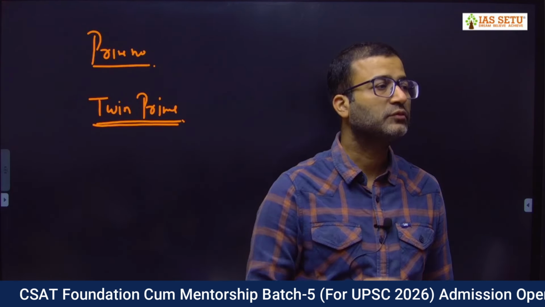For example, 3 and 5, these are twin prime. 5 and 7, these are twin prime. 11 and 13, these are twin prime.